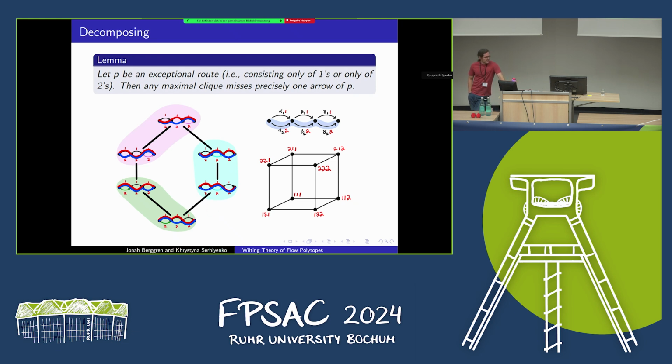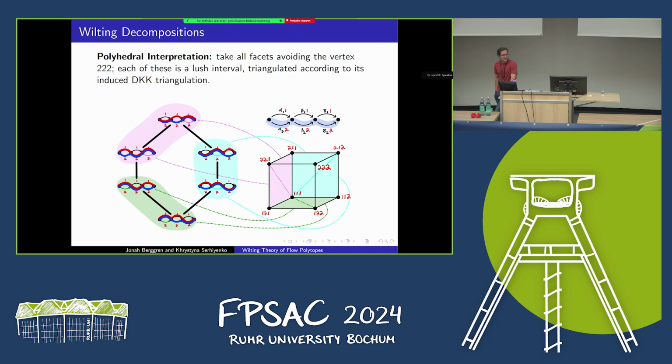And so I like this picture because we get a nice decomposition of our lattice. It has some polyhedral interpretation. We're orienting over the facets that avoid the vertex corresponding to 2, 2, 2. I'm not really talking about this in this talk, but I drew that just because you can read it if you're really curious.